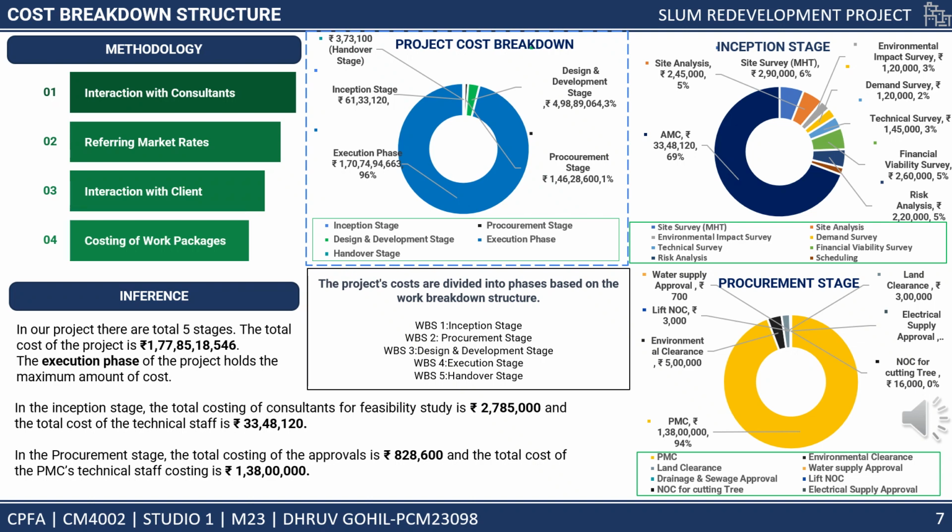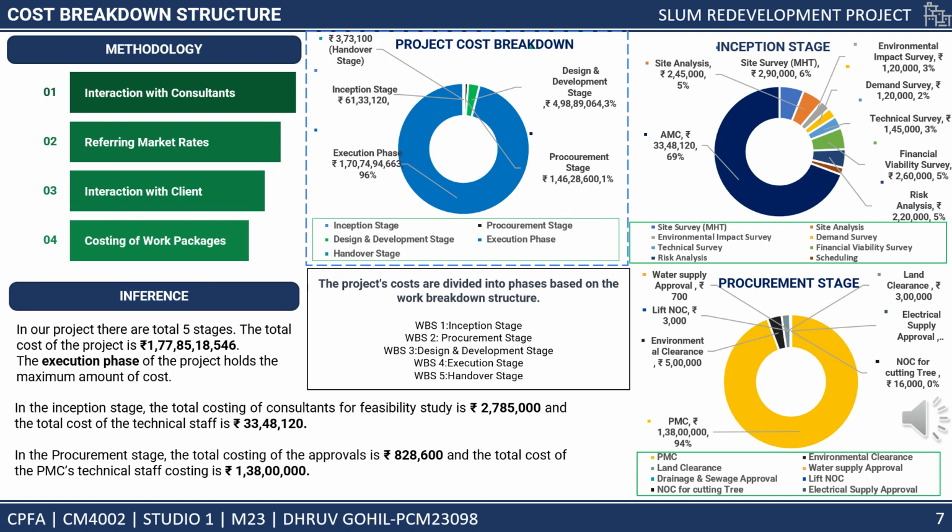Collaborative discussion with experienced professionals provides valuable input for accurate cost estimation. Secondly, referring to the market rate is a crucial step in aligning the project cost with prevailing industry standards. This involves thorough market research to understand current pricing trends, ensuring that the cost breakdown reflects realistic and competitive figures.